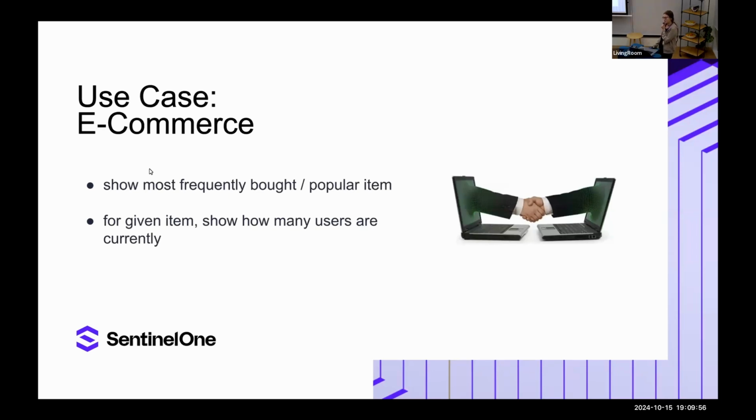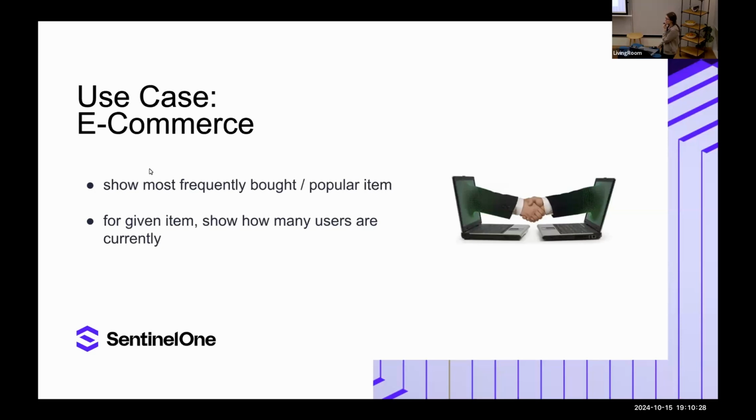I didn't want to talk too much about the use case that we had at Sentinel-1 here, for obvious reasons. So let's take an imaginary use case as an example. Imagine that you are running an e-commerce website, an e-shop where different items are listed, and you want to implement two features that you can commonly see in popular e-commerce websites.